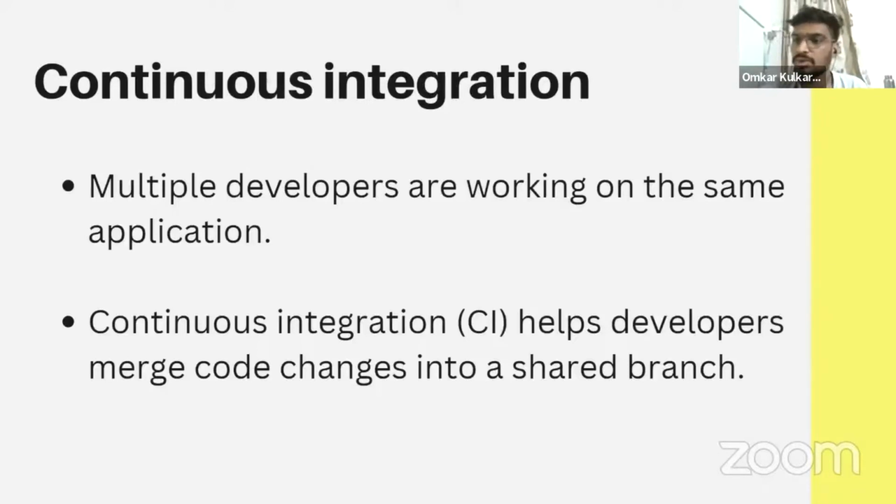Continuous integration helps developers merge their code changes back to the shared branch. Once the developers' changes to an application are merged, those changes are validated by automatically building the application and running different levels of automated testing. So this is all about continuous integration.